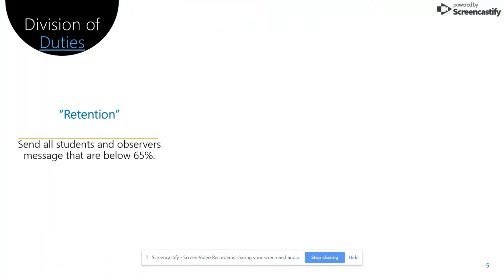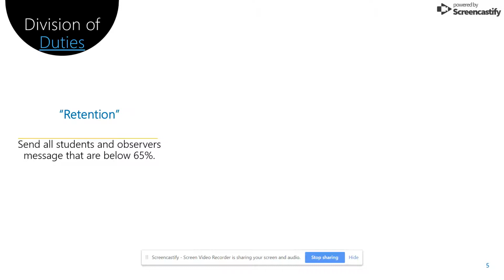Third, division of duties. Retention. Retention is always going to be an issue because we have students that start the class late or get started late and begin to get overwhelmed. We really want to start sending out retention notices around week two, just because week one is a short week.